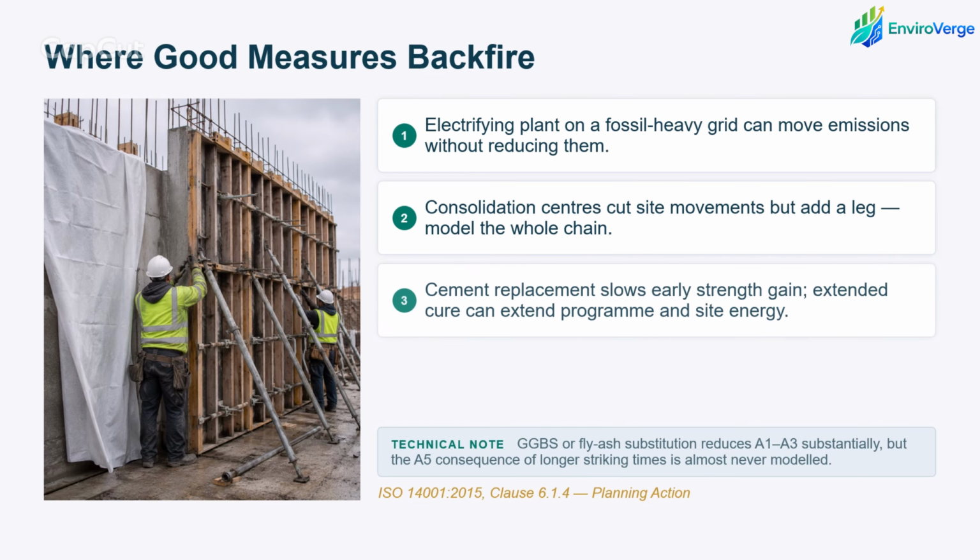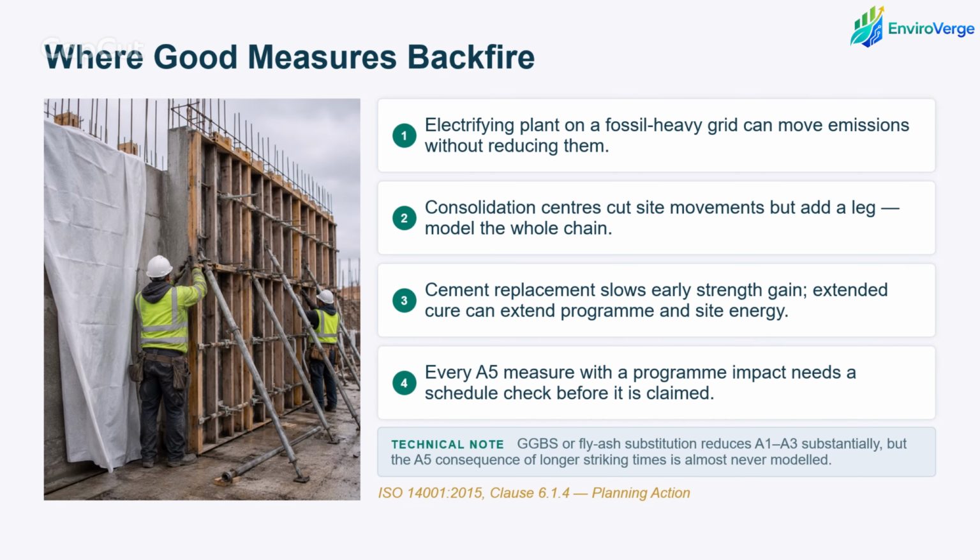And cement replacement, GGBS or fly ash, reduces A1 to A3 substantially, but it slows early strength gain, longer cure, longer striking times, and if that extends your program, it extends your site energy with it. Almost nobody models that consequence. So every A5 measure with a program impact needs a schedule check before you claim it.